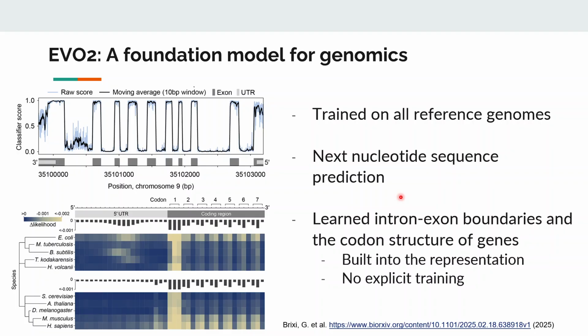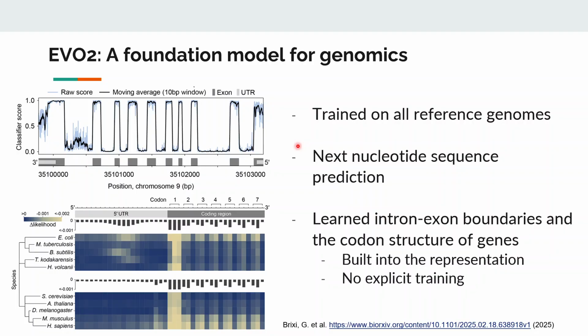In this example, EVO2 is a foundation model for genomics, the first of its kind. It was trained on essentially all reference genomes. The training is to predict the next nucleotide. So you give it the start of a gene, and it will try to predict the rest of the gene until the stop codon, for example.